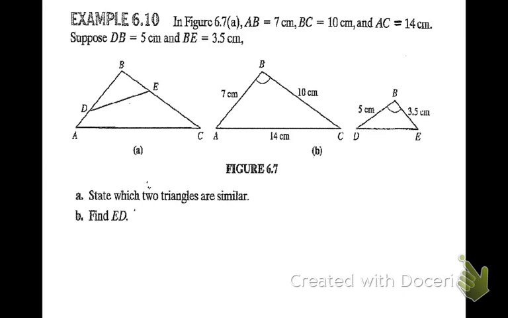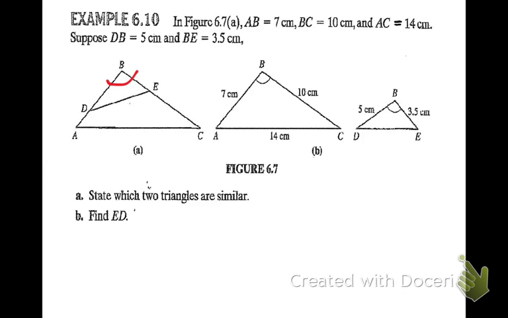So what they've got is, both triangles have angle B congruent, right? And you can see that where they redrew them. Then we've got the two triangles there with the given information. We have to find ED.